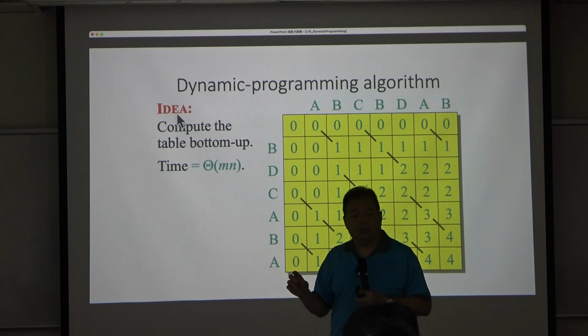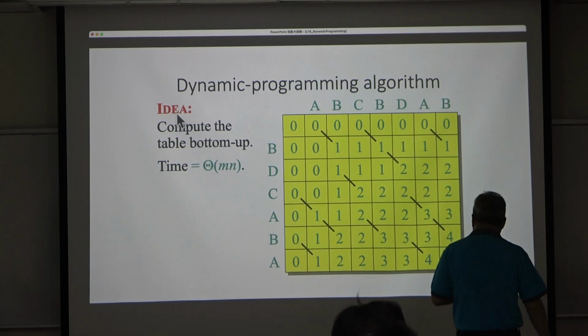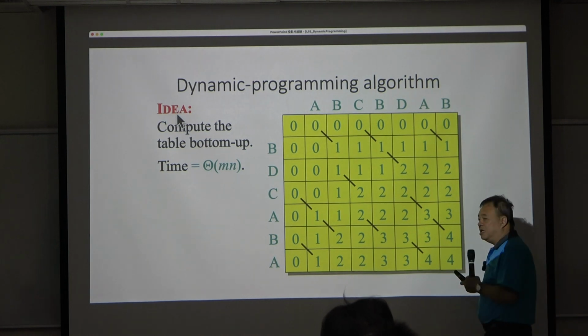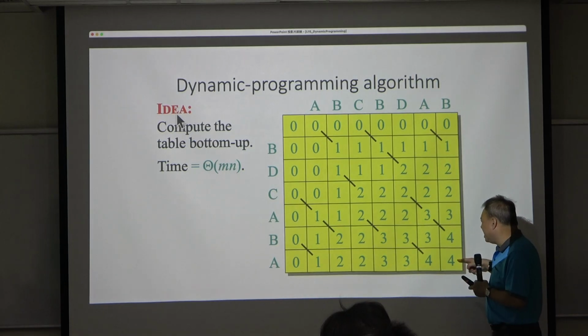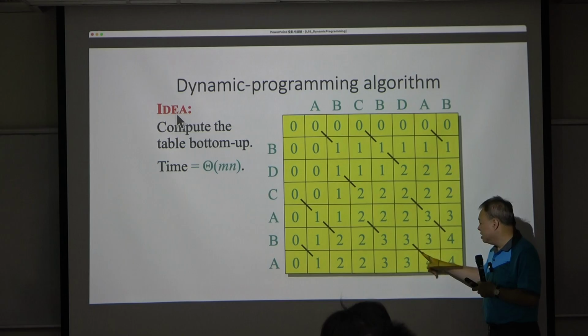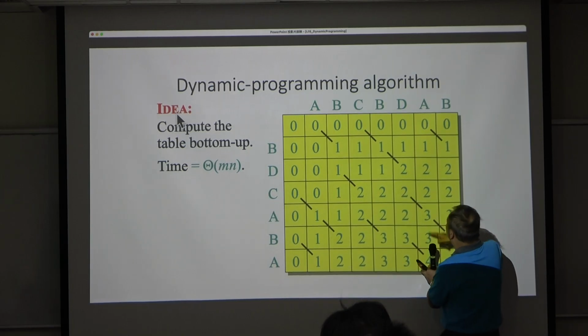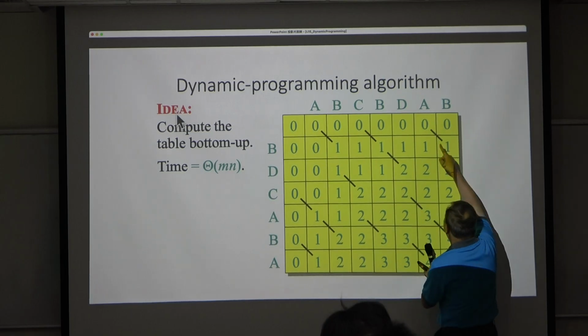So let me repeat. The construction is done in the opposite, reverse manner. For example, let's go left. There's a diagonal, so we output this A, because it is a match.